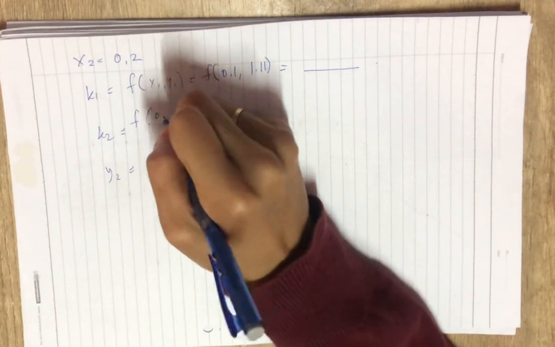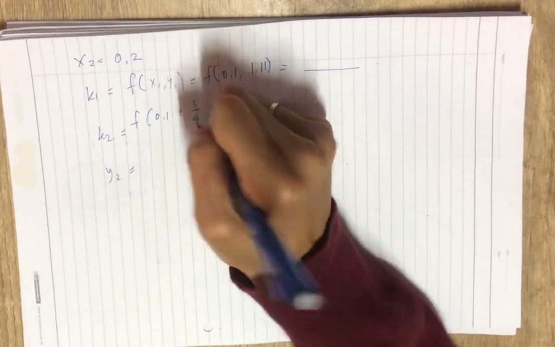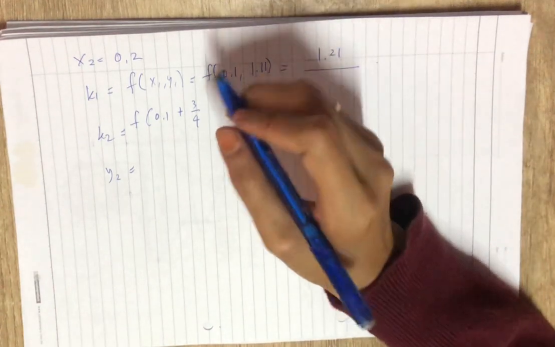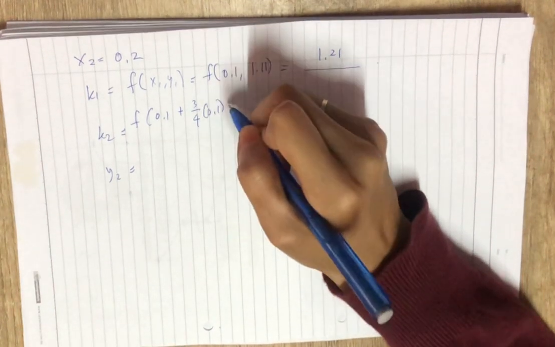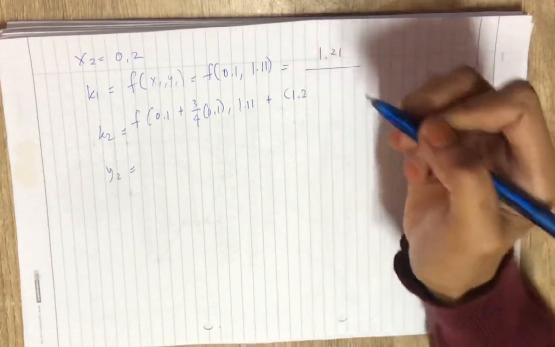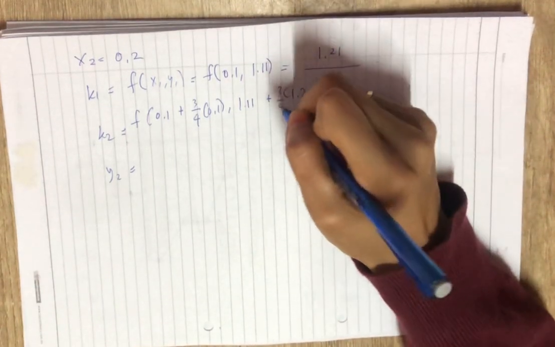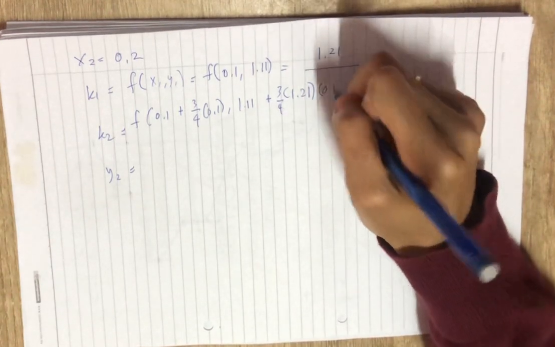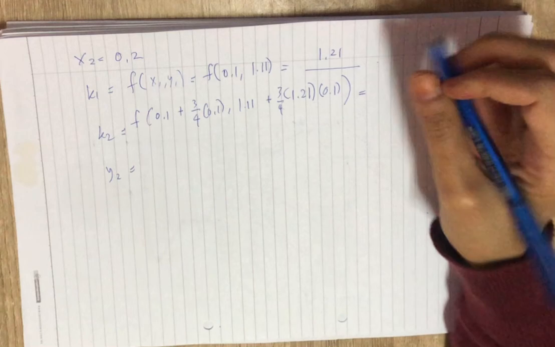So you do the same thing. f of 0.1 plus 3 over 4, what is the answer here? 1.1. Then your h is 0.1, and then comma 1.11 plus 3 over 4 times 1.2, and then times the h. Then you will get the answer.